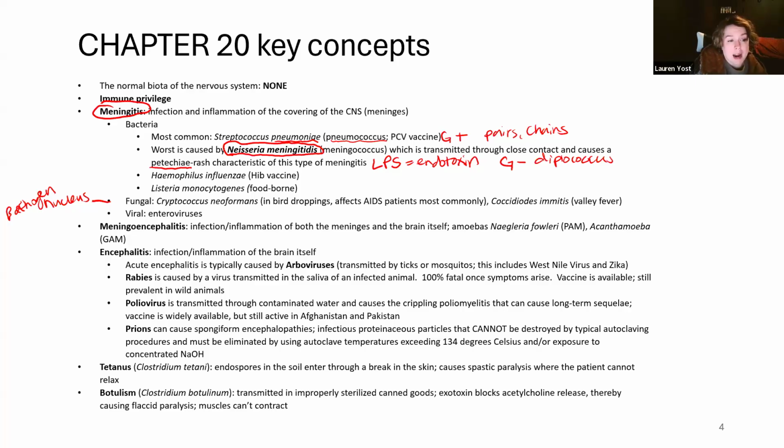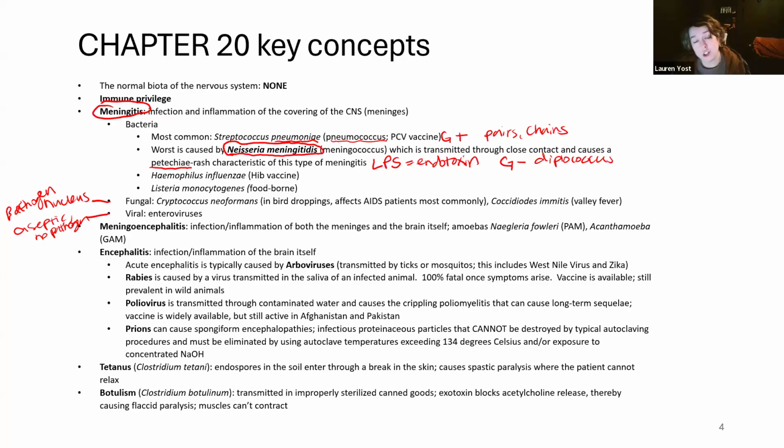If we don't see the pathogen at all, we call it aseptic meningitis. It's often viral. You can't see viruses on typical light microscopes. You're not going to see a virus on a gram stain.